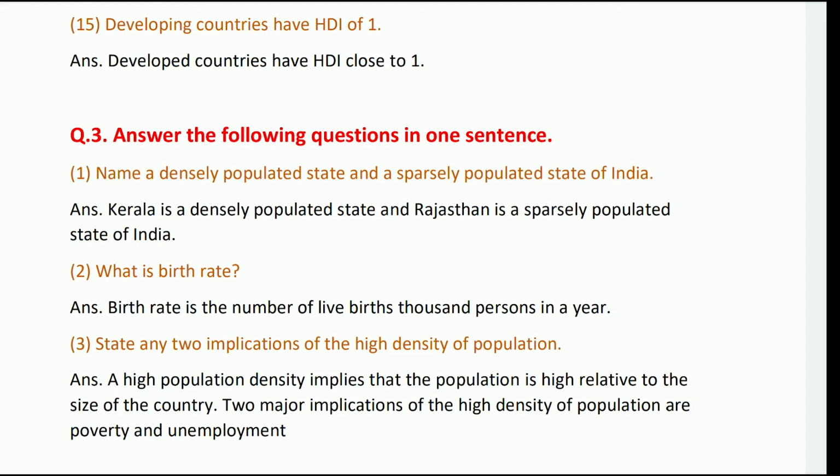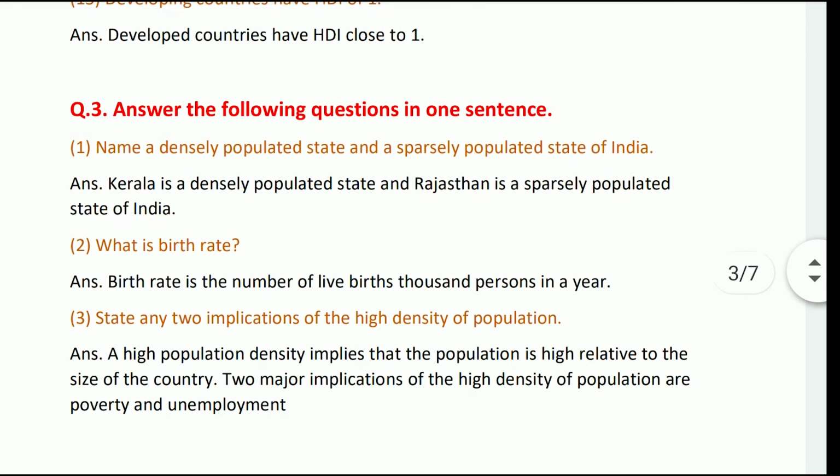Write the answers to the following questions in one sentence. Name a densely populated state and a sparsely populated state of India. Kerala is a densely populated state and Rajasthan is a sparsely populated state of India. What is the birth rate?